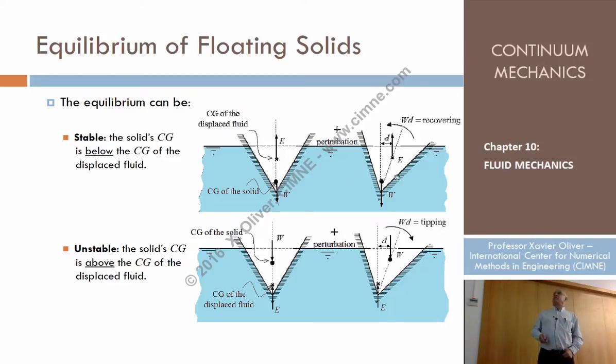Well, the forces are in equilibrium, so this upthrust force and this weight are always the same, but due to this perturbation, the gravity center of the displaced fluid, the buoyancy center, moves a little bit to the right, okay?